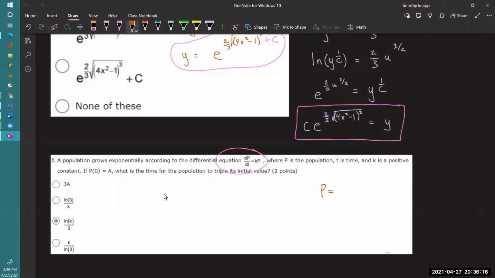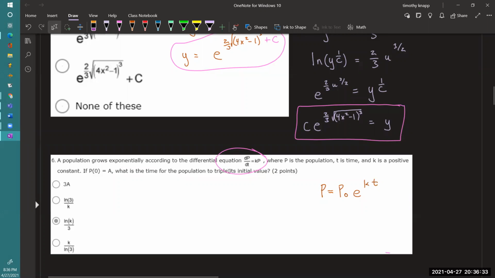P equals P0 e to the kt. You guys are probably familiar with this. This is the exponential growth decay function. Now, here I'm going to triple.